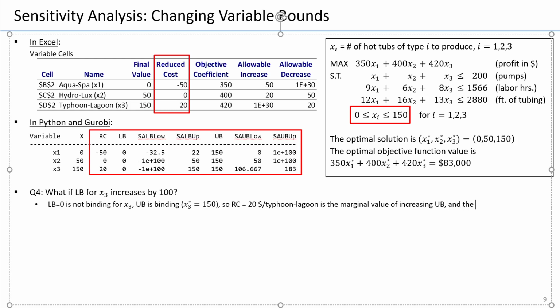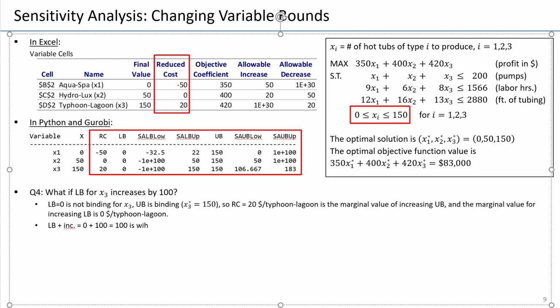So the marginal value for increasing the lower bound is 0, or $0 per Typhoon Lagoon. Now we need to see the lower bound plus the increase. It's 0 plus 100, which is 100. Is it within the allowable range of feasibility?